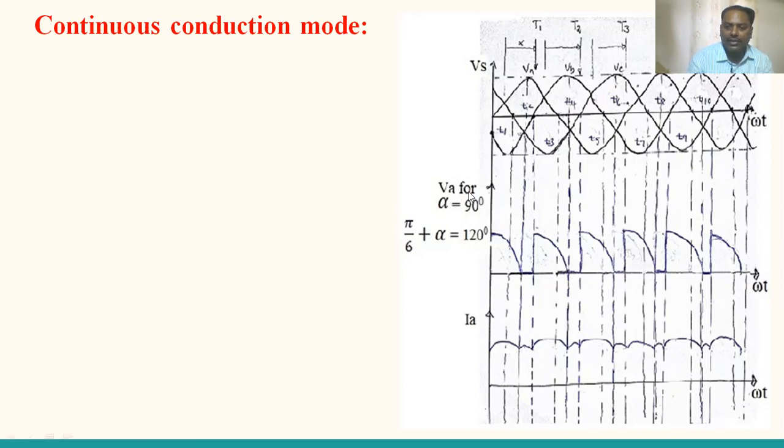For alpha equal to 90 degrees, omega t will commence at 5/6 plus alpha. Alpha is 90, 5/6 is 30, which is equal to 120 degrees. So at 120 degrees it will commence. Why does this 5/6 come?